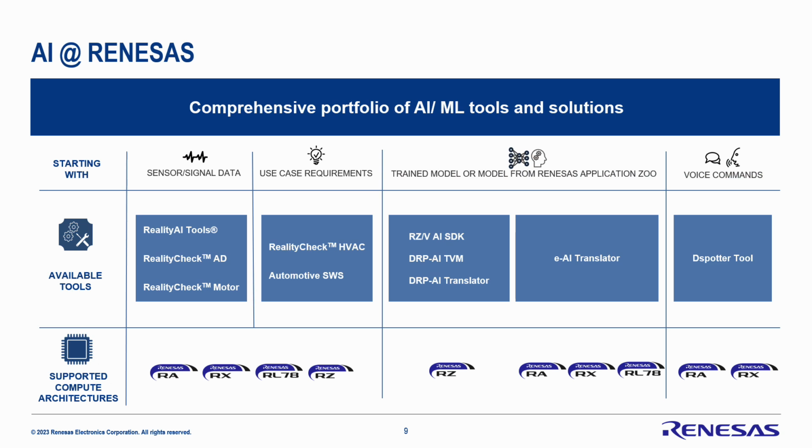The portfolio that we offer as Renesas starts with the complete lineup of the solution. So we really consider how to collect data and how to understand the validity of this data, how important it is, analyze it, and with it we can train a model, and then at the end we can go down to the hardware to examine the inference.